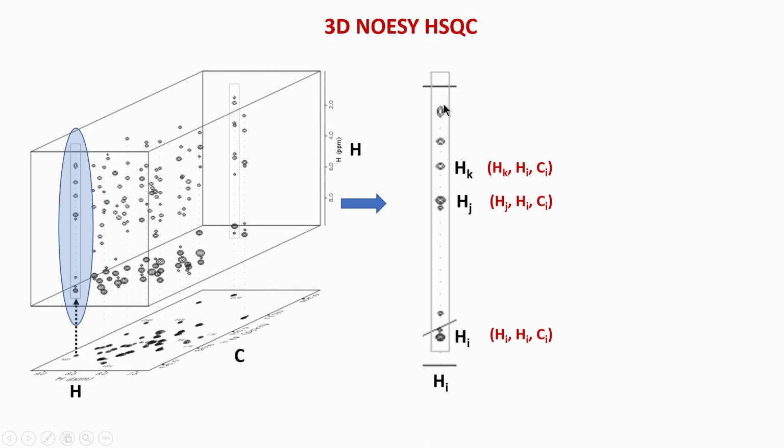Now let us see what these two peaks could be. Let us say this is some proton I arbitrarily call HN1, with the Hi-Ci combination, and this could be HN2, some other proton, with Hi-Ci.